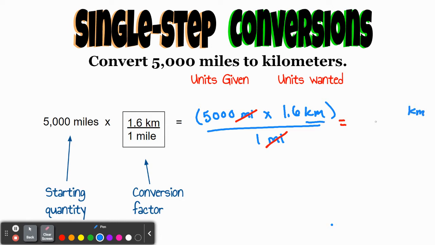And we can take 5,000 multiplied by 1.6 and divide that by 1. So we take the terms on top and multiply them together and divide by the terms on the bottom. And 5,000 times 1.6 is 8,000 kilometers.